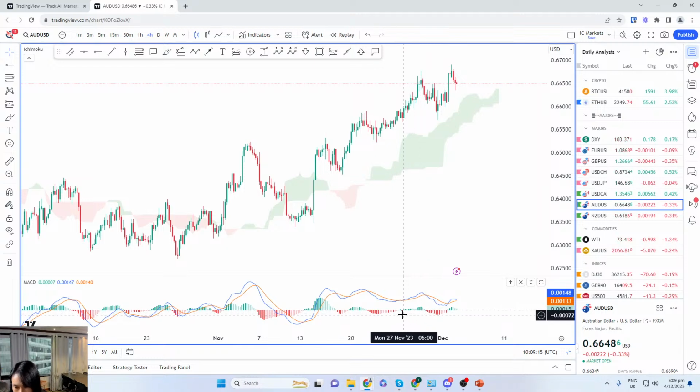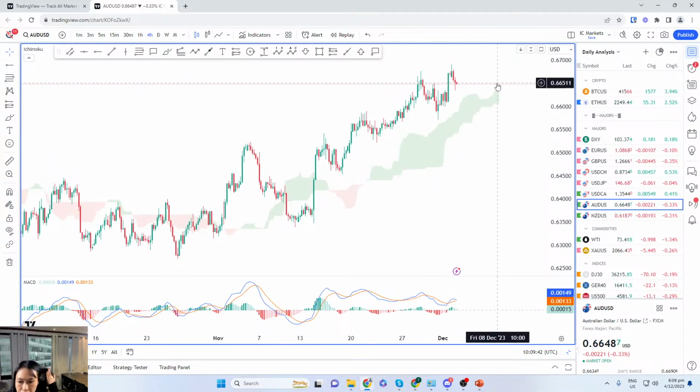Green means that it is bullish, and red indicates that it's bearish. There's also this zero level. Anything above zero is bullish, anything below zero is bearish. Currently it also aligns with the Ichimoku cloud, that the Aussie dollar is in a bullish trend right now.